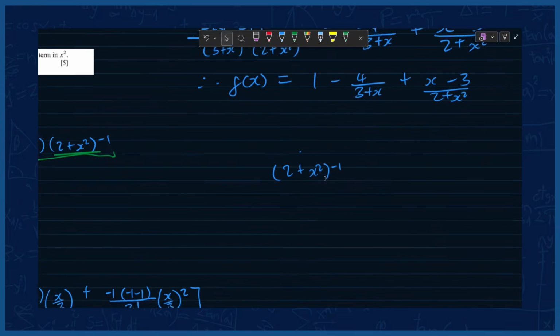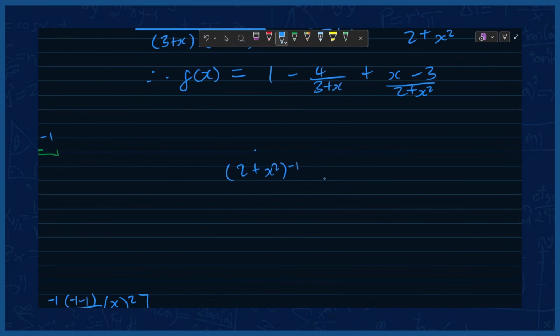Again, the binomial expansion formula requires this first part to be a 1, so we need to factor out that 2. So I'm going to have 2 and then (1 plus x squared over 2), and that's to the negative 1. Distribute the power, you get 2 to the negative 1, and then you've got the bracket to the negative 1. And so 2 to the negative 1 is 1 over 2, and this is multiplying (1 plus x squared over 2) to the negative 1, and we can expand.